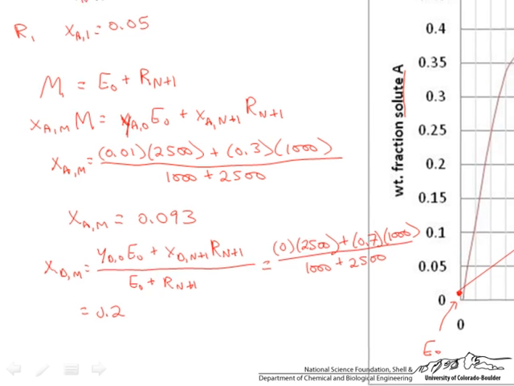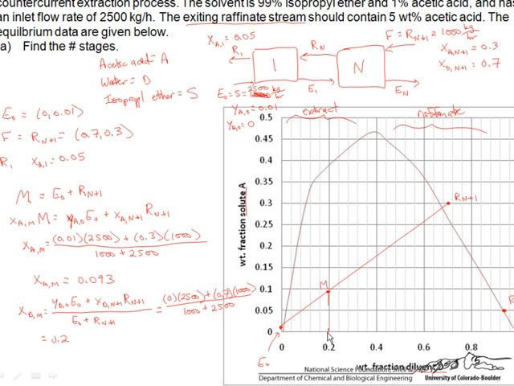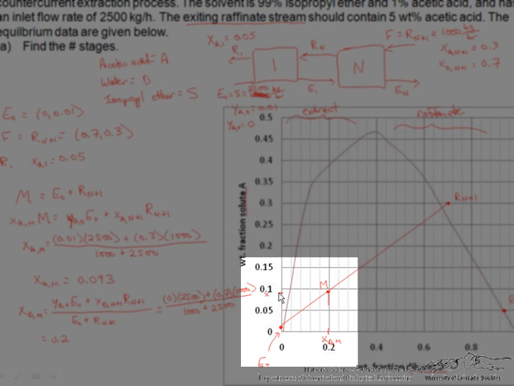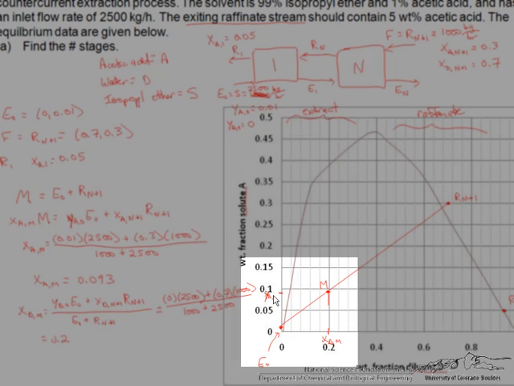We find that that's kind of what we had here. So this is XD of M, and kind of here is YA of M.